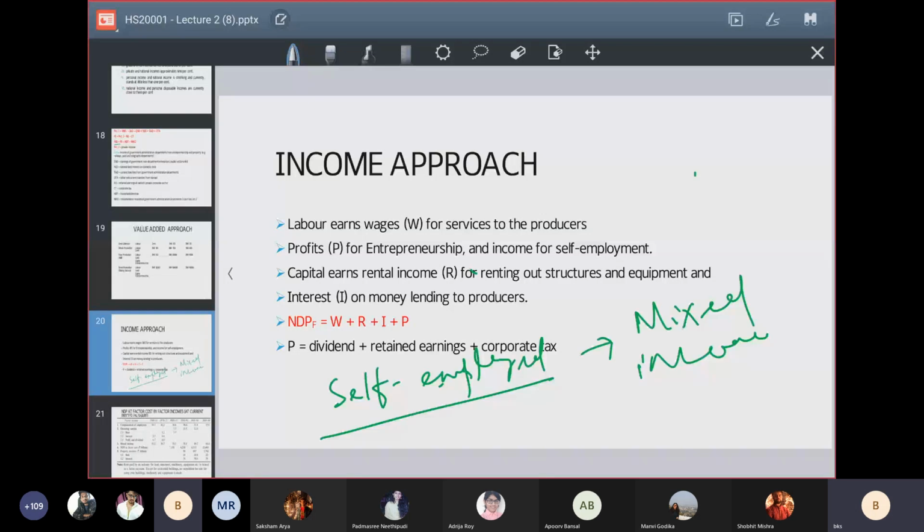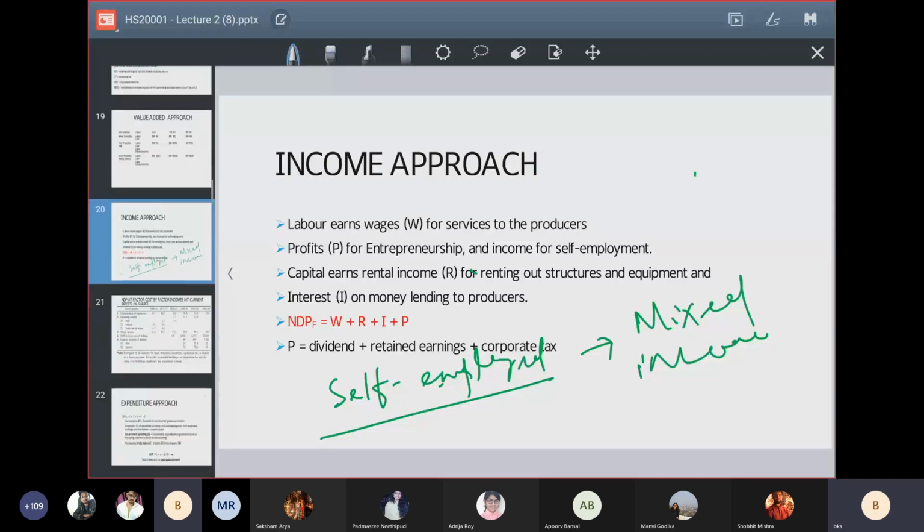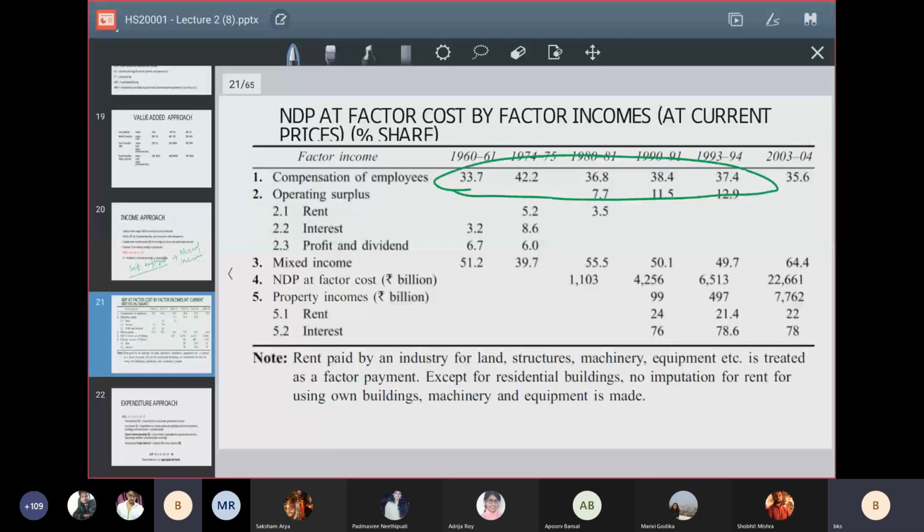part of our income. As we will see in the next slide, here you see the compensation to the employees, that is the wages, constitutes a major chunk, followed by the mixed income. Almost, you see in recent years, 64.4% of our NDP at factor cost is from mixed income.